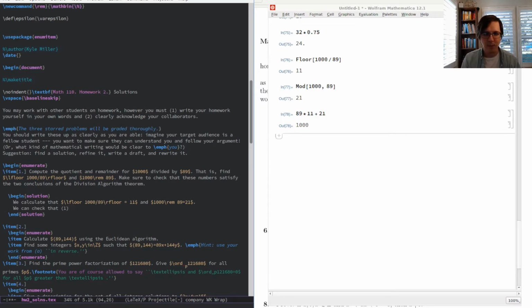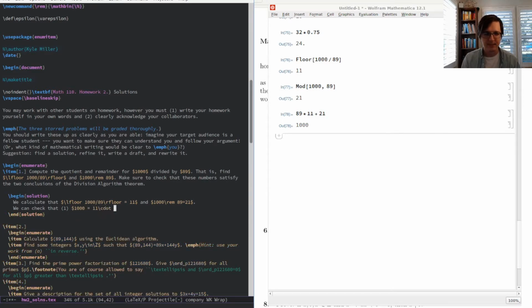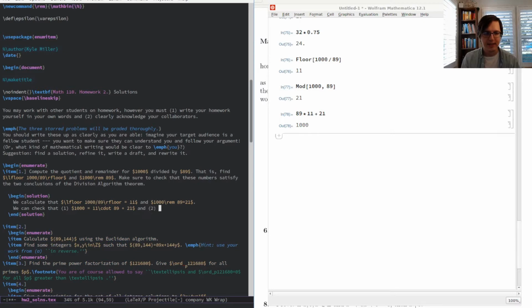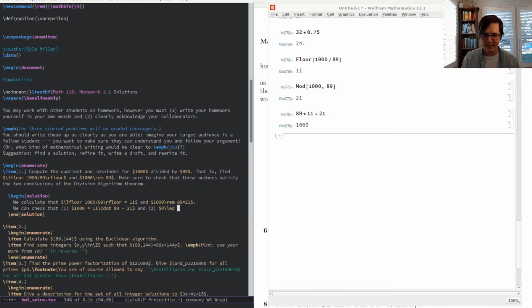so we can check that 1,000 equals the quotient, which is 11, times, using \cdot because that's the classy way, 11 times what we were dividing by, 89, plus the remainder, which is 21. And two, that it's actually a valid remainder, which is that it's at least as large as 0, so that is 21, and it's strictly less than what we divided by.